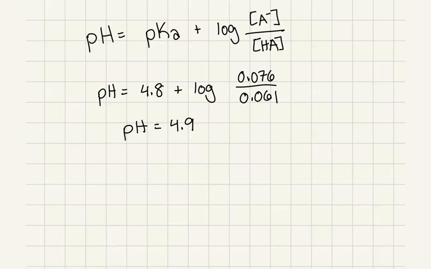That's why we had to use the Henderson-Hasselbalch in the first place to get those initial concentrations. Once we knew the initial concentrations, we could figure out the final concentrations and plug those in to get our final pH, which is 4.9. So we've gone down 0.1 in pH. But remember that this is a small change compared to what it would be if we didn't have any buffering capacity to begin with.